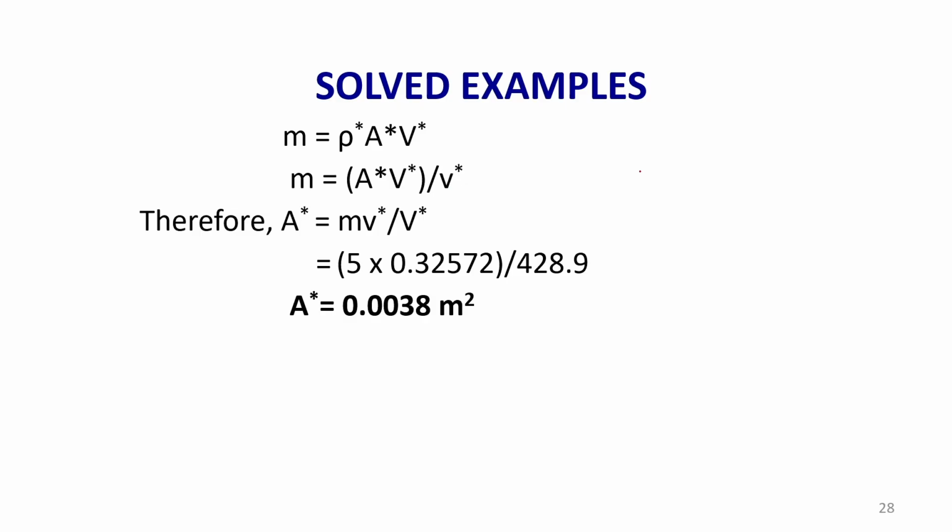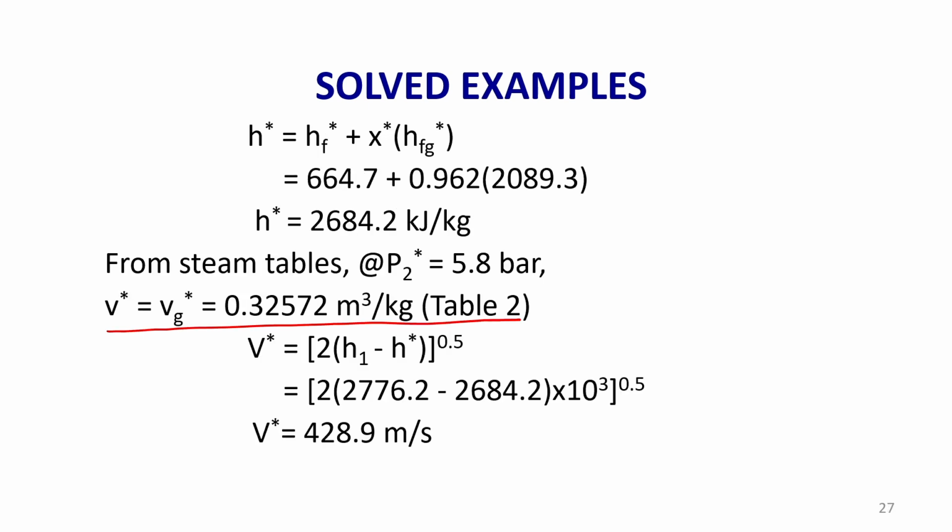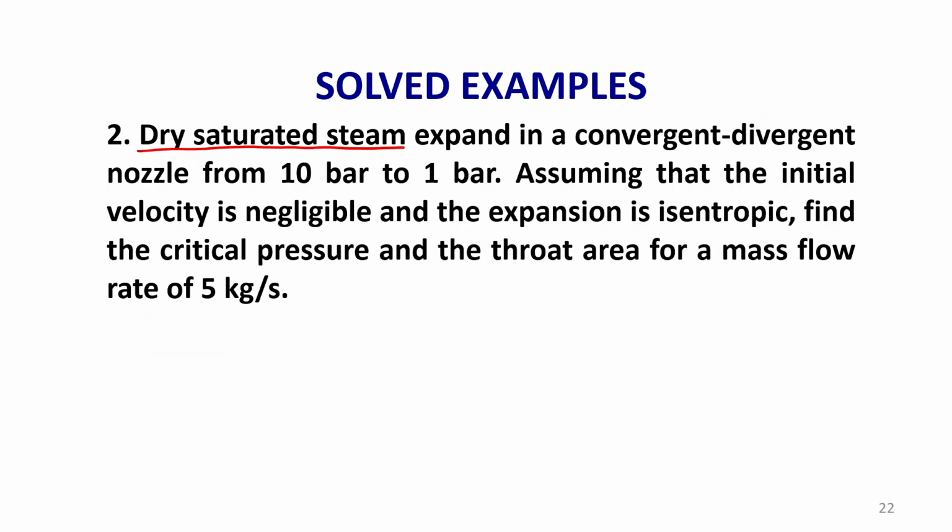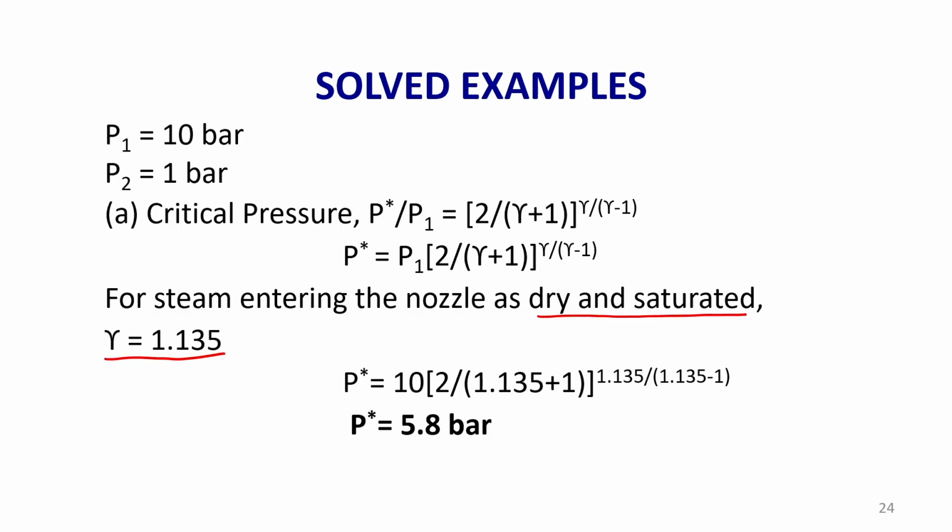So, now one specific volume we are finding at the critical pressure, that is small v star. So, rho star is equal to 1 by small v star. I know the mass flow rate is given in the question as 5 kg per second.